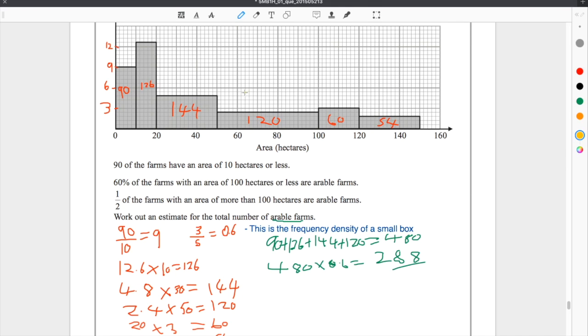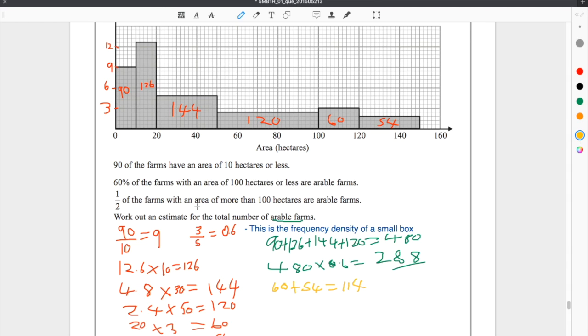Now if we look at this part of the question, it says a half of the farms with an area of more than 100 hectares are arable farms. So now we're looking at more than 100 hectares, which is to the right of this point. And we can see that we have 60 plus 54 farms in total, which is 114.